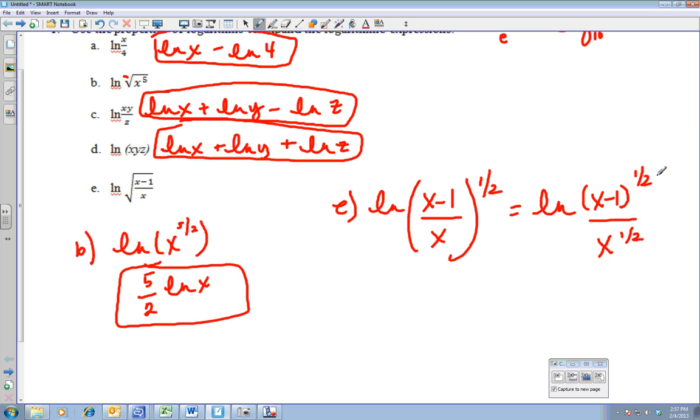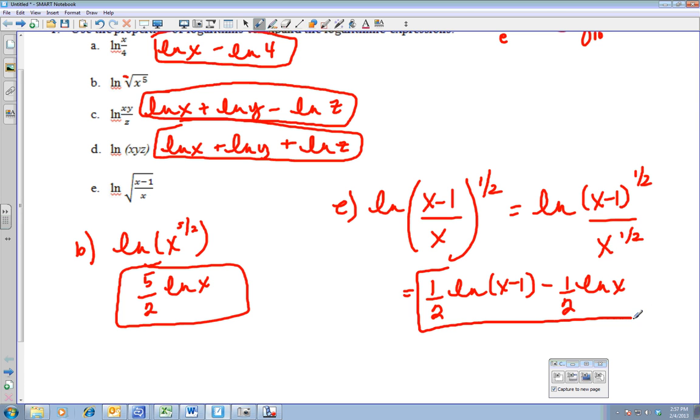So if I do it that way, I'm going to bring down my exponent. So I have 1/2 natural log of x minus 1. It's a division problem, so I'm going to say minus, bring down my exponent, 1/2 natural log of x.